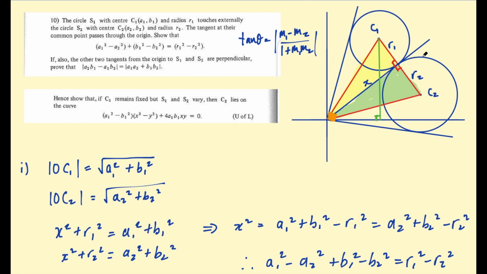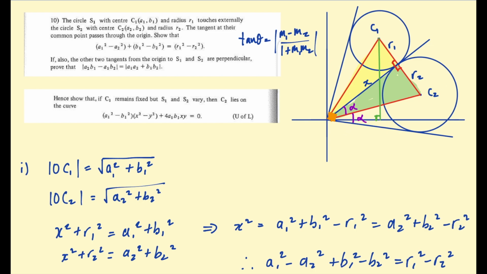So firstly, we're going to note that, let me get a different color, that these two angles in here are equal because these are tangents to a point, and that's line OC2 bisects that angle. So if we called that angle alpha, this angle would also be alpha.